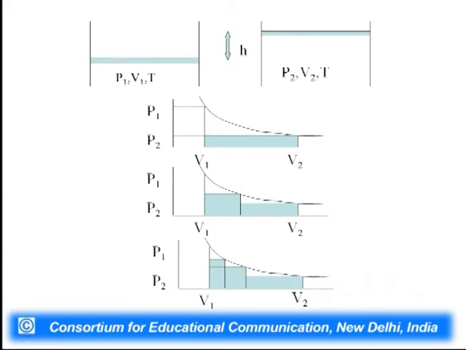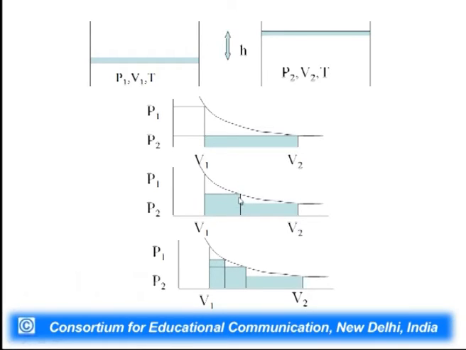Now, suppose I go from V1 to V2 in 2 different steps: first V1 to V1 dash, and then V1 dash to V2. What will be the work done? Going from V1 to V1 dash, this is the area which gives you the work, so this is P1 dash multiplied by the change in volume.